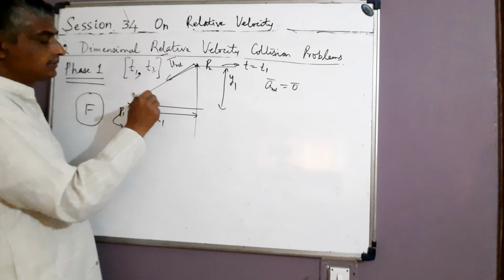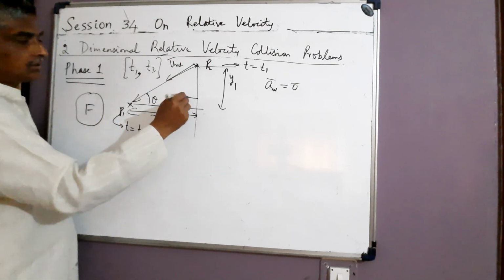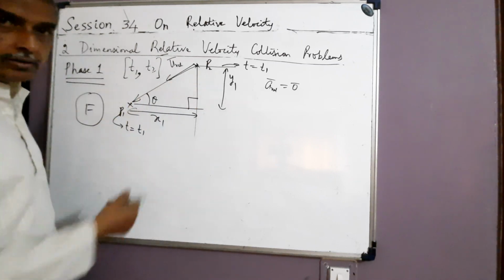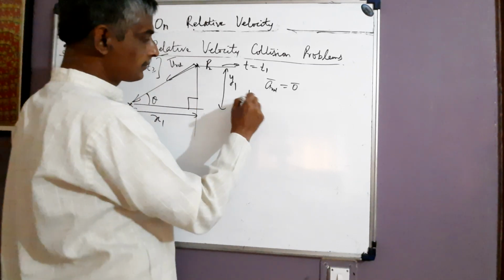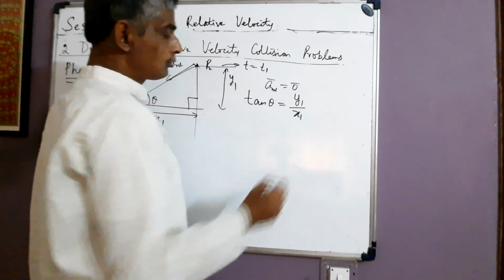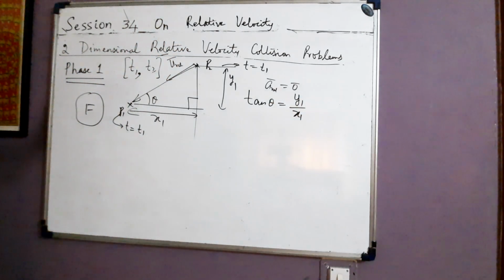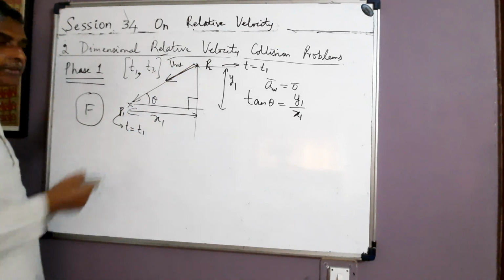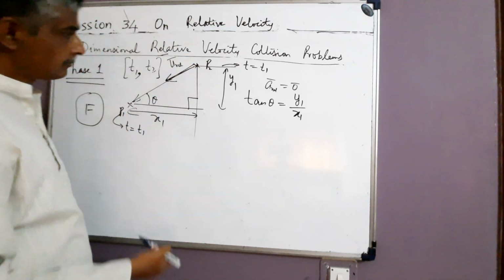This angle is theta. So it is seen from this right angle triangle that tan theta is equal to y1 by x1 from this triangle trigonometry. Also direction of u relative coincides with this straight line vector as discussed just now.